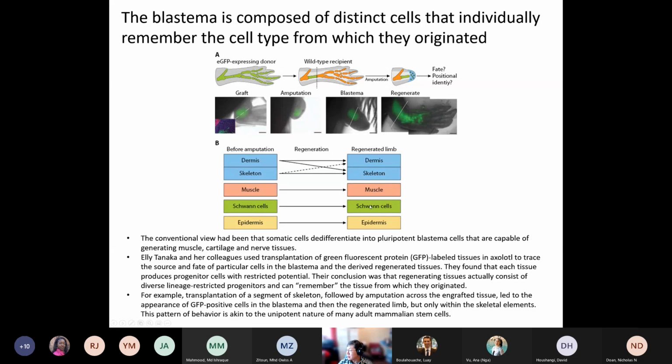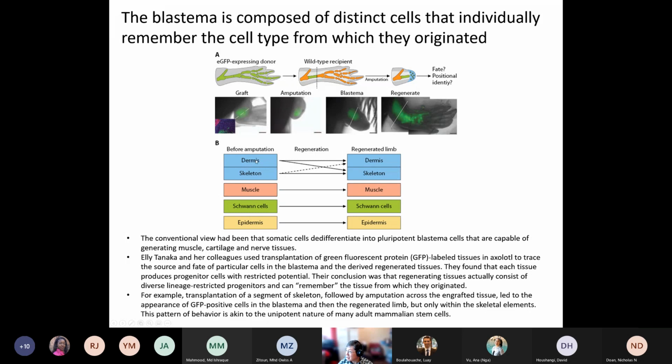They will give rise to Schwann cells only. The muscle cell will give rise to blastema cells with muscle marks, and then eventually become muscle. The only slight nuance here is the skeletal muscle. So the skeletal muscle, of course, gives rise to skeleton, as shown here.